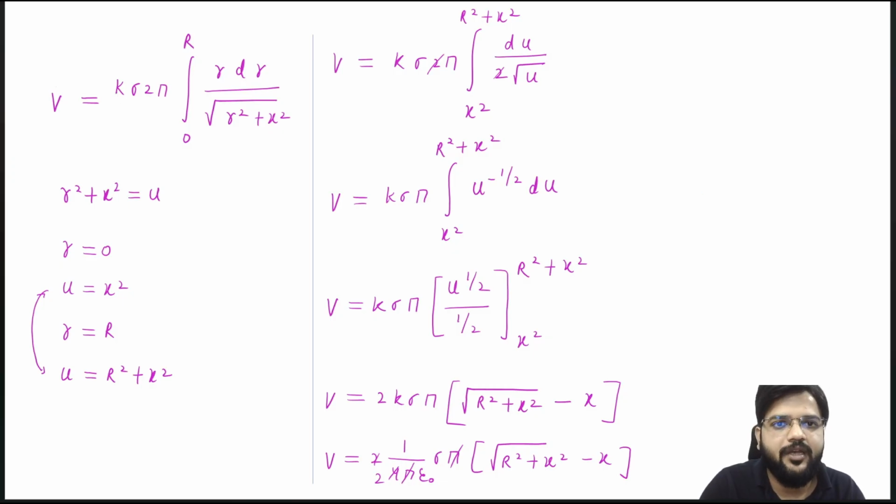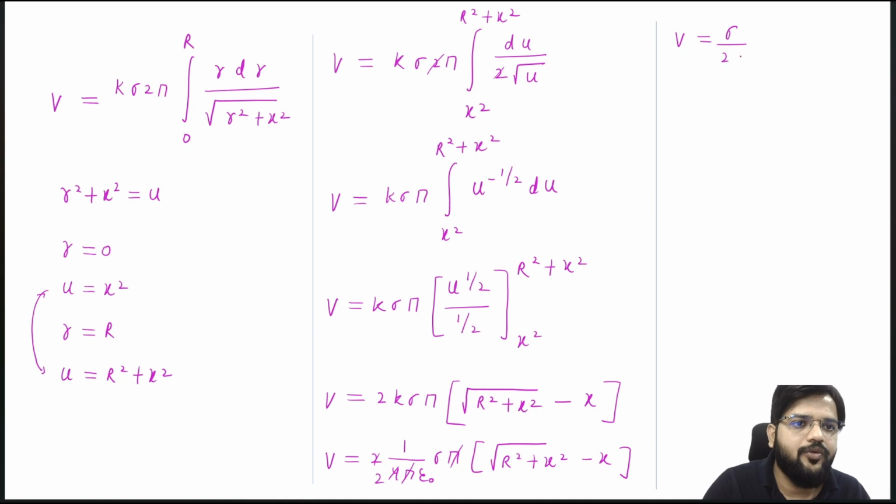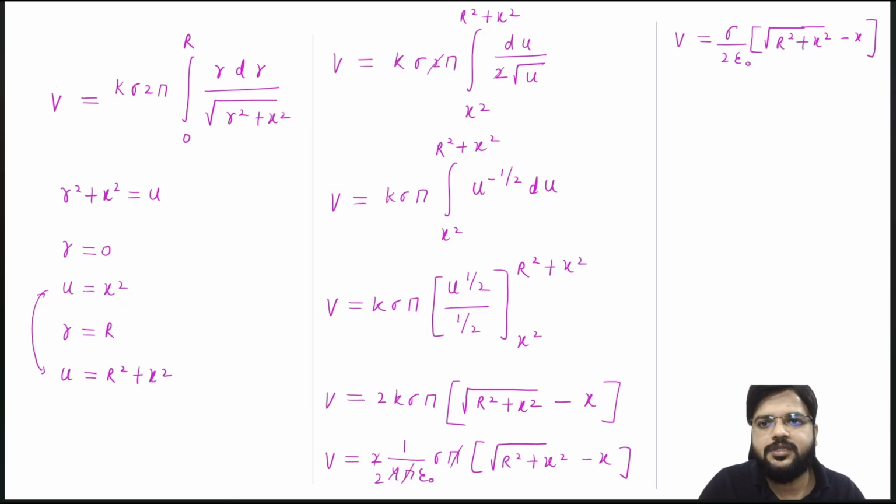So finally what we have here is v equal to sigma by 2 epsilon naught times root r square plus x square minus x, and this is the final result, everyone.